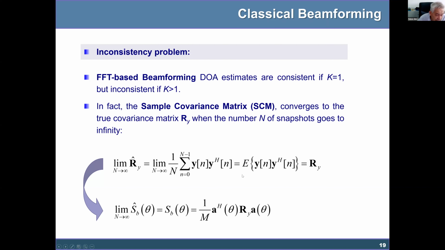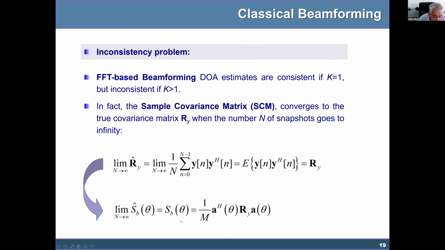This is sometimes called the law of large numbers, and it's a property of all sample estimators. So it means that the estimate of the spatial power spectral density, and when I talk about an estimate I put the hat on the symbol, tends to the true spatial power spectral density, the same quantity without the hat.